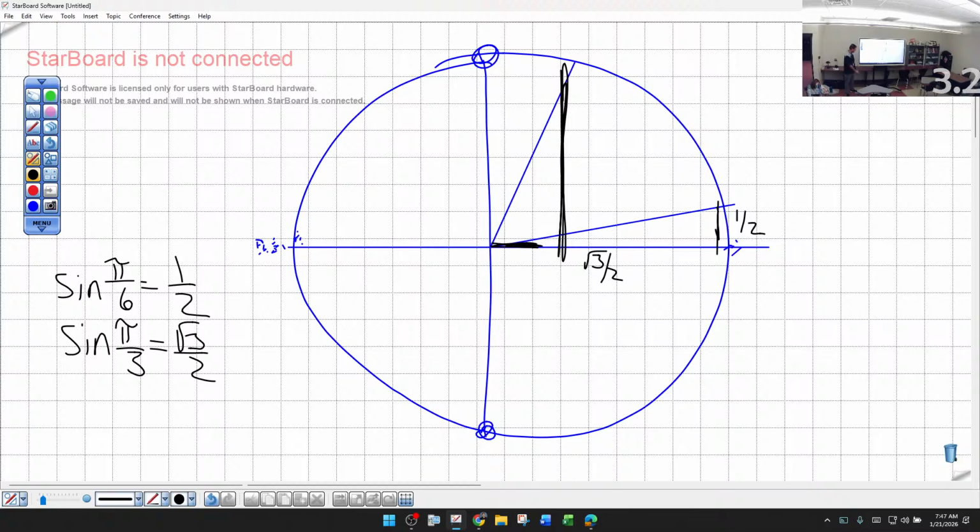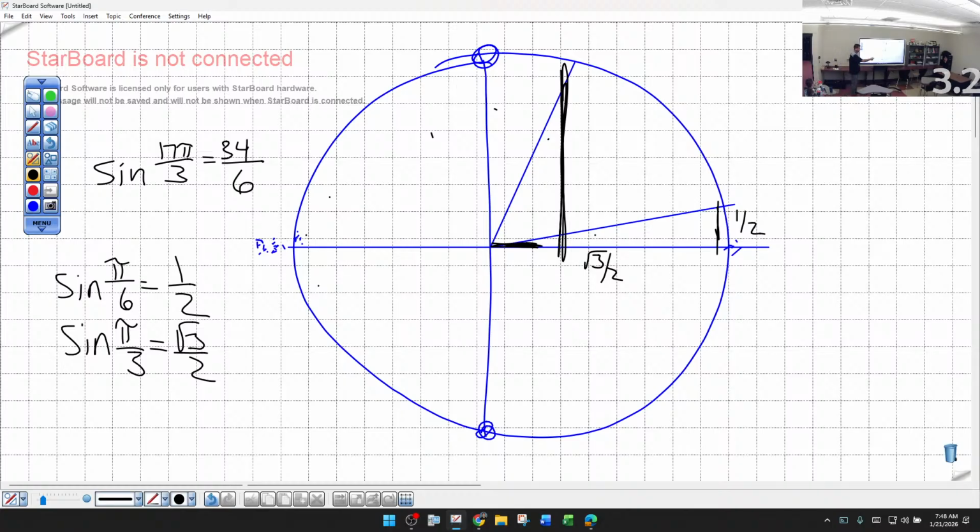In other words, if I'm asked what sine of, I don't know, 17 pi over 3 is, I go to 17 pi over 3. I got to make it a 6 first. 34. I'll just keep going until I end up at 34.